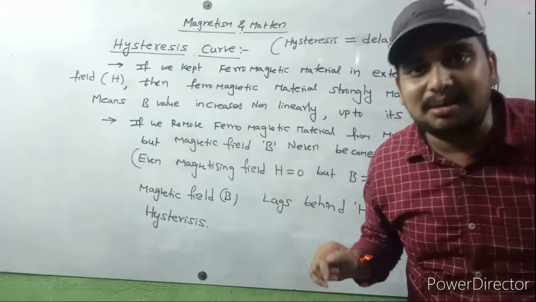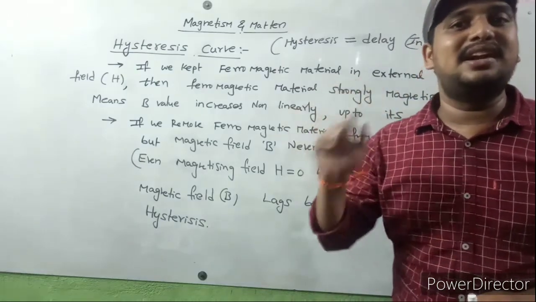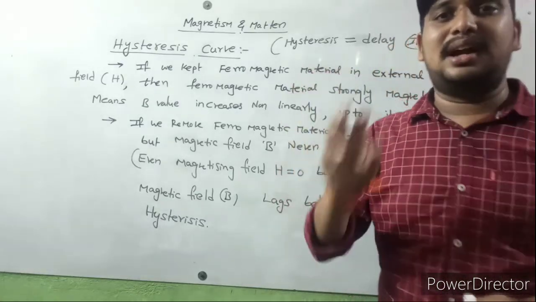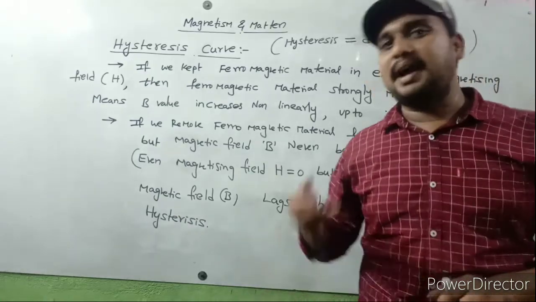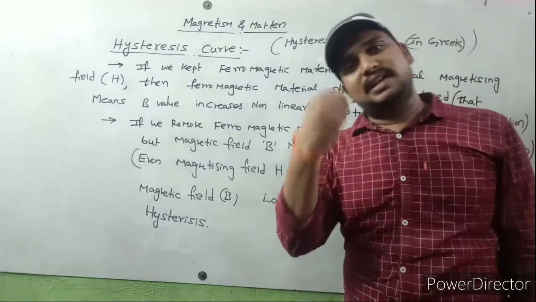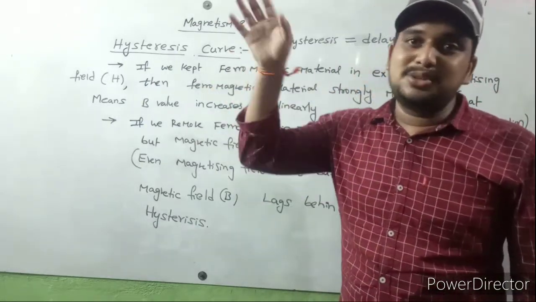Even when the H value becomes 0, the magnetic field never becomes 0. Why? Because a ferromagnetic material contains domains. If you consider paramagnetic materials or diamagnetic materials, when H becomes 0, B also becomes 0.